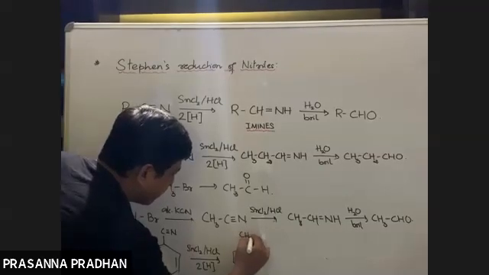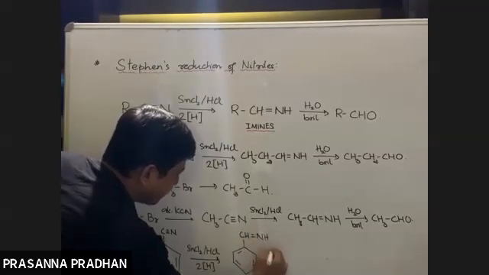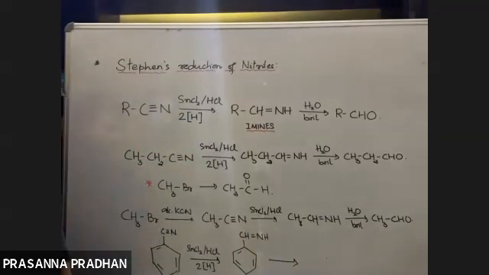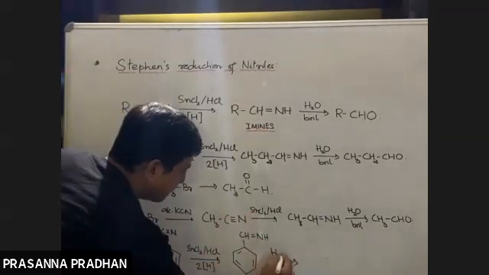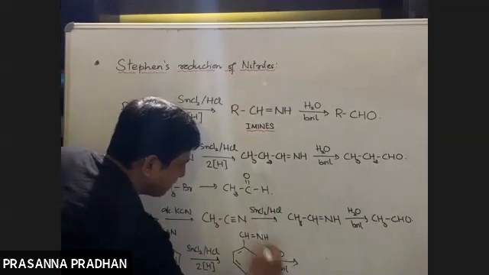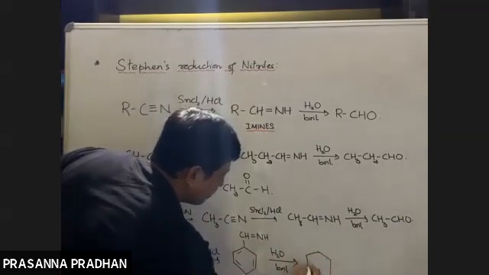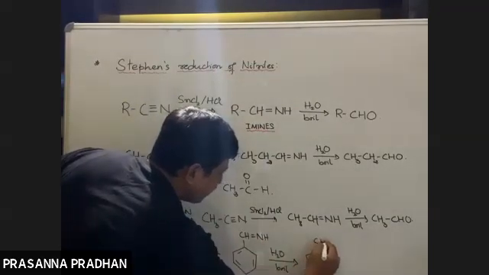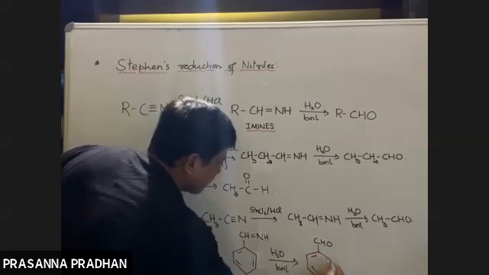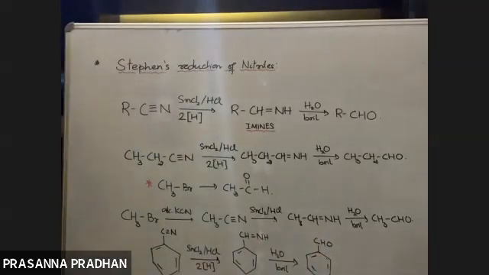We have CH out here, NH out here. Fine. Now boil with water again. So this whole thing, the NH group will get replaced by O. So we have CH double bond O, or I can write CHO as well. Okay, so this reaction is known as Stephen's reduction.